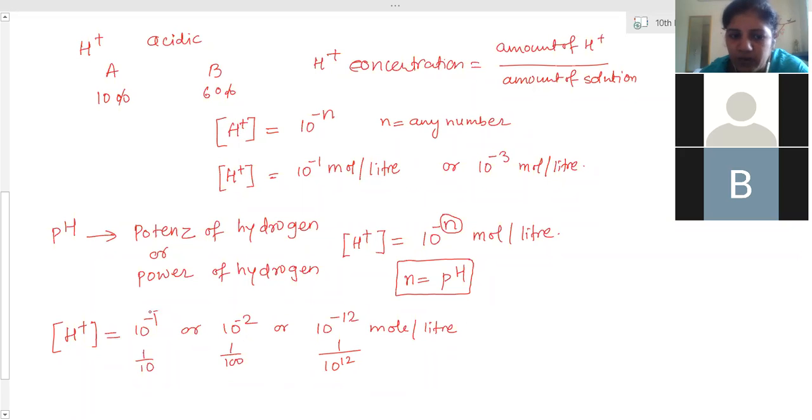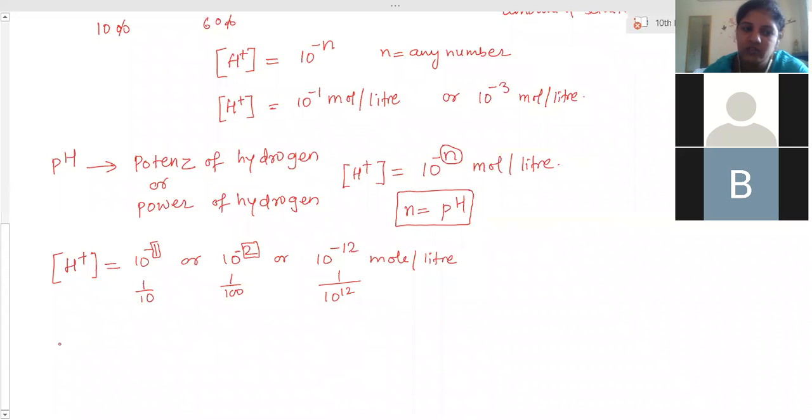Now this number which is present in the power is considered the pH value. If any solution has H plus ion concentration as 10 to the power minus 1 mole per liter, then what is the value of pH? 1.